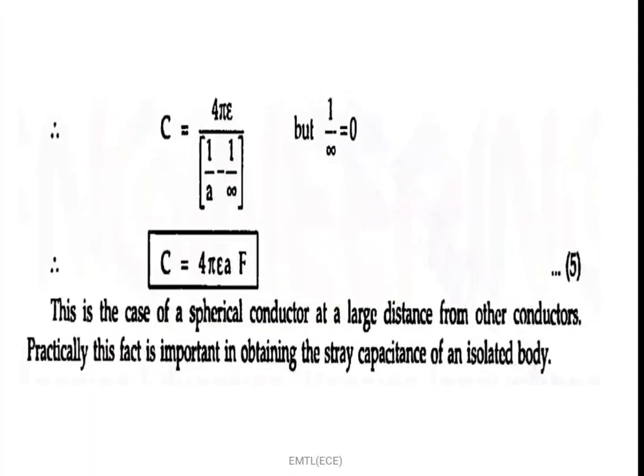So here C is equal to 4 pi epsilon times (1 by A minus 1 by infinity). So 1 by infinity is 0. So there is 4 pi epsilon 1 by A. Now capacitance C is equal to 4 pi epsilon A farad.